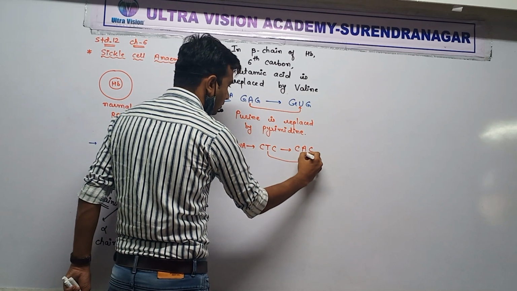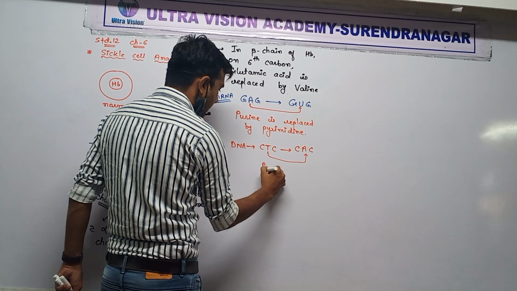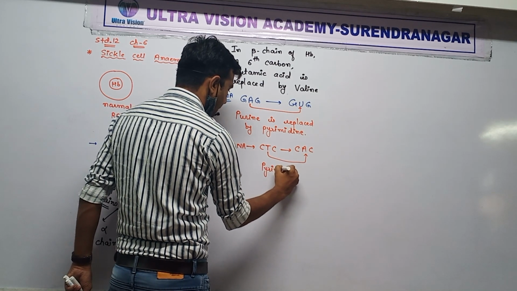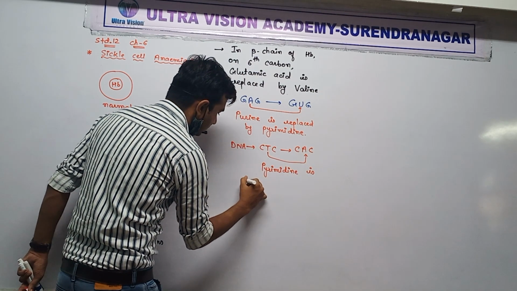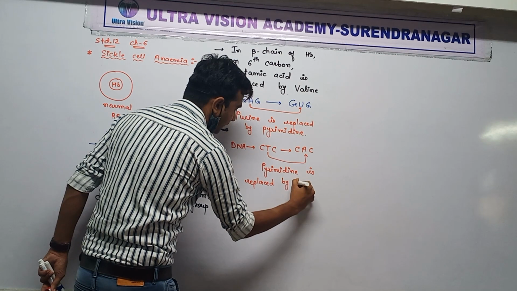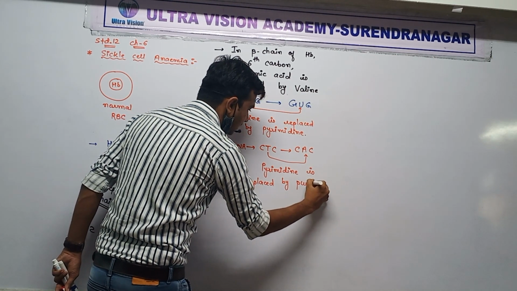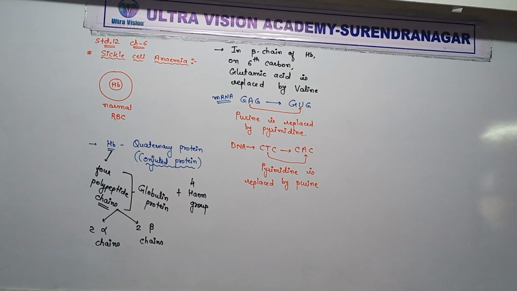So here on DNA we say like that pyrimidine is replaced by purine, opposite of the mRNA.